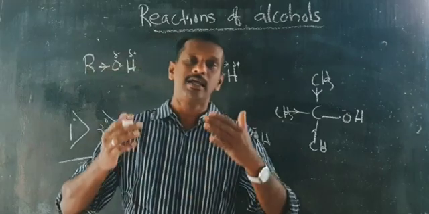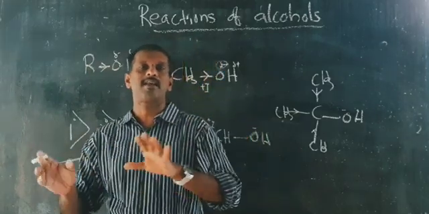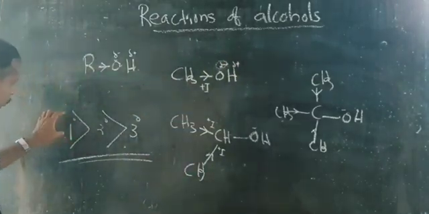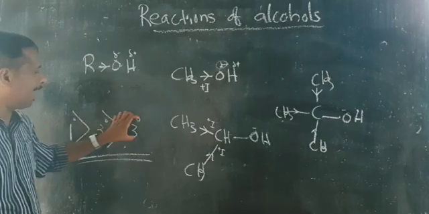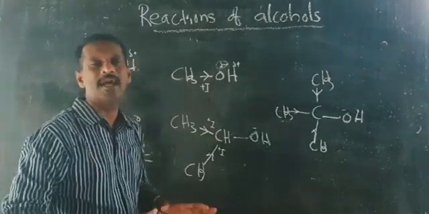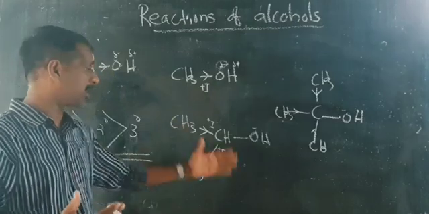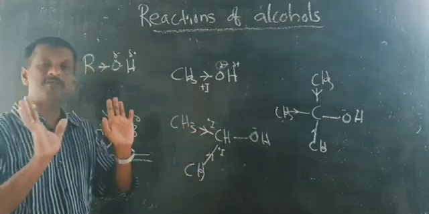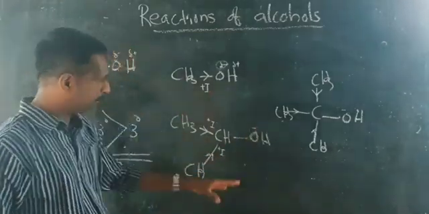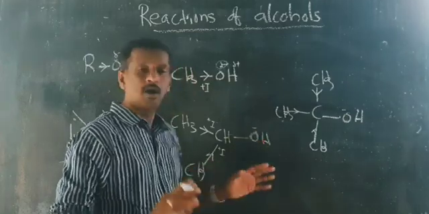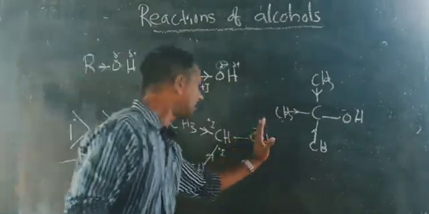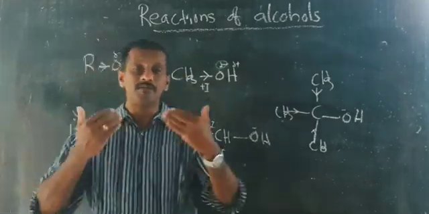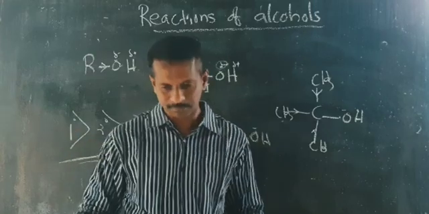That means when you compare the acidity of primary, secondary and tertiary, the acidity is more in the case of primary, then secondary, and tertiary alcohol is least acidic, because in tertiary alcohol there are three alkyl groups, and because of these three alkyl groups, the plus I effect will be maximum, and hence the negative charge on the oxygen atom will be maximum. Therefore, the removal of H+ will become difficult. This is the reason why alcohols are weakly acidic in nature.